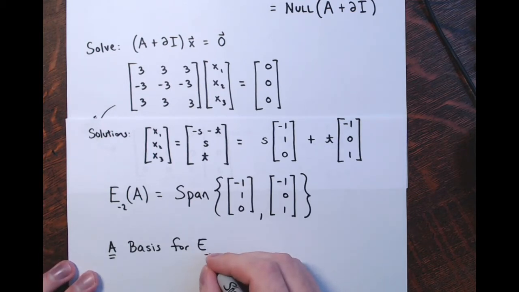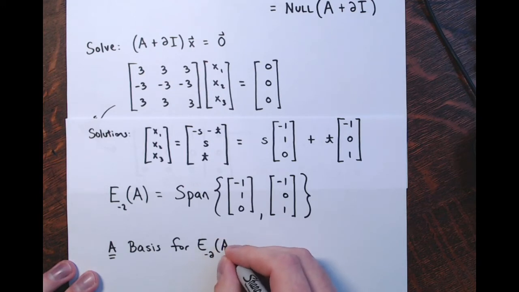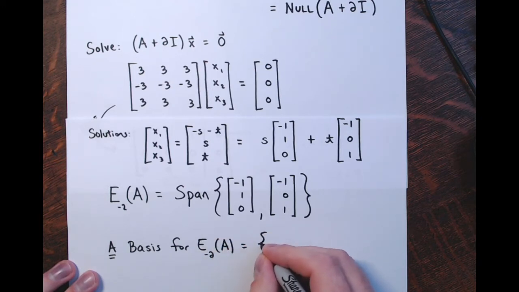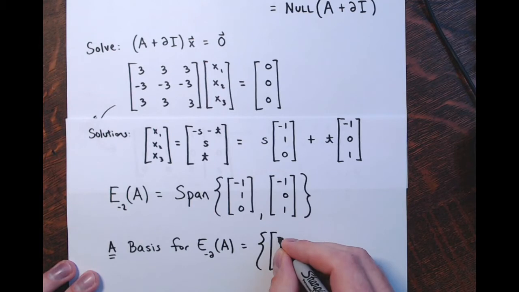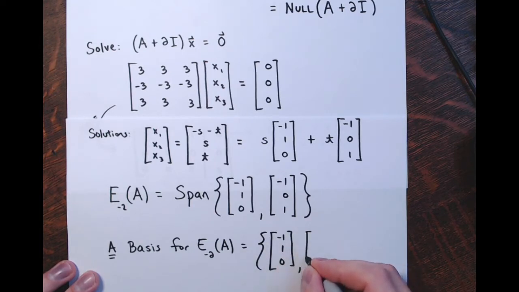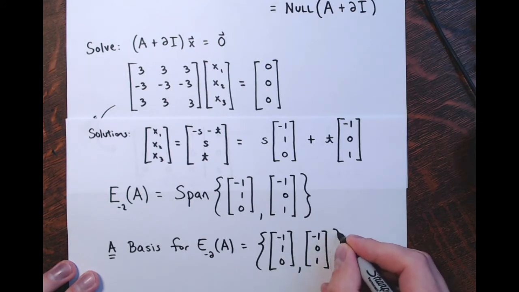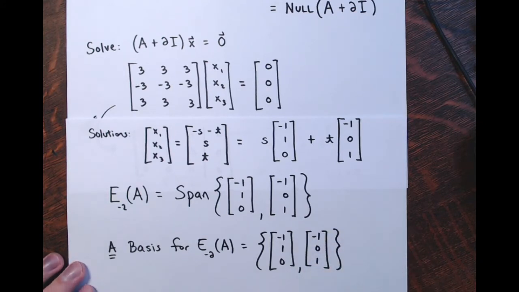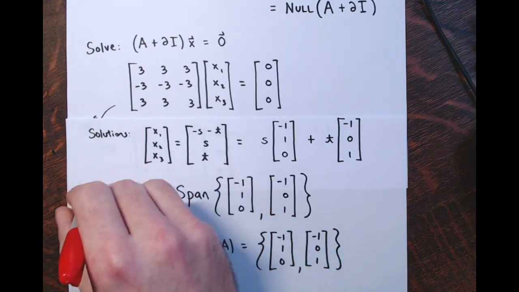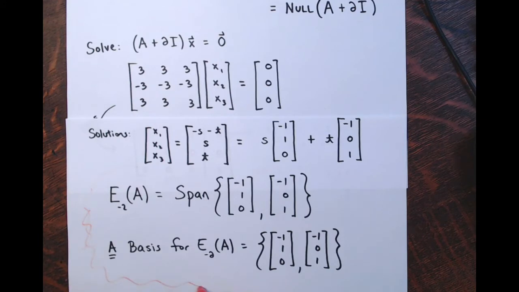They're calling these eigenbases, is just this set with the vectors -1, 1, 0 and -1, 0, 1. And there you go. Right. And since this, so I'll circle all this.